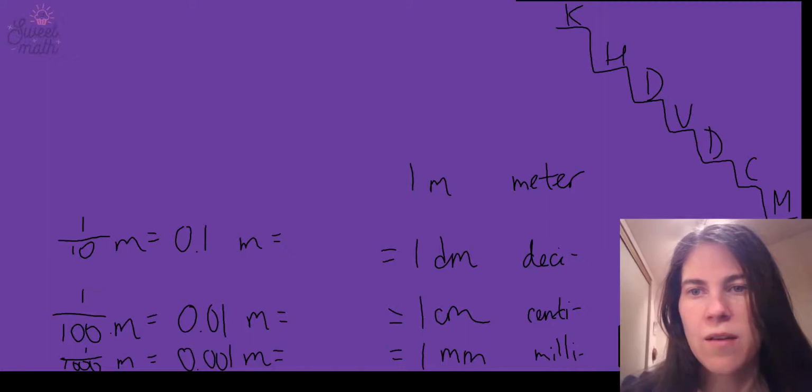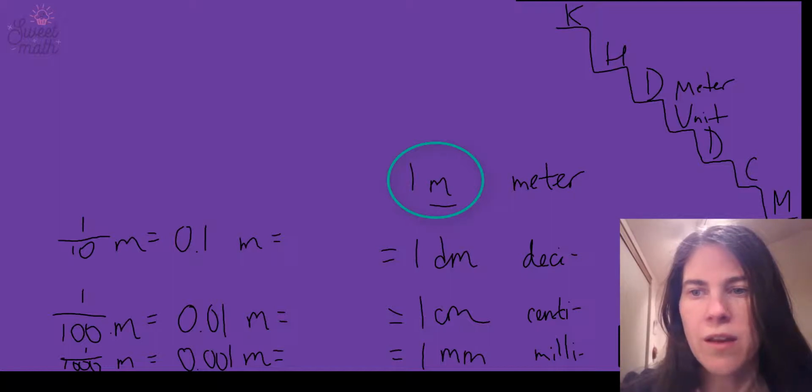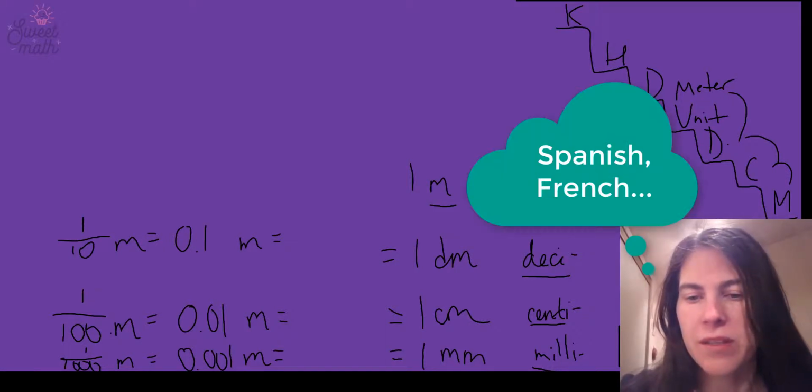Or you could say, King Henry died Monday drinking chocolate milk. The M is for meter, and the U is for unit. So if this is the meters, and then you're going down, this is the decimeters, the D. You keep going, like century, 100 years, and then milli, which is like a Romance language, like mille.